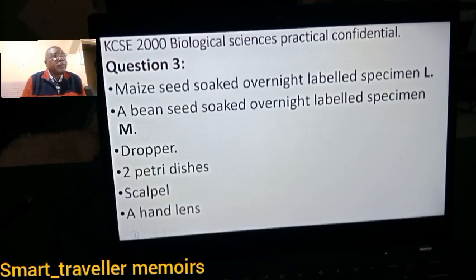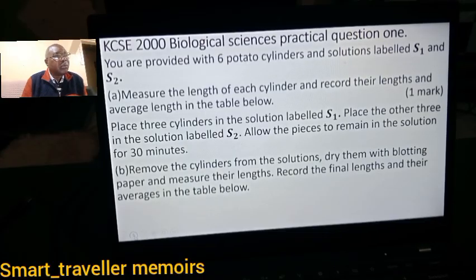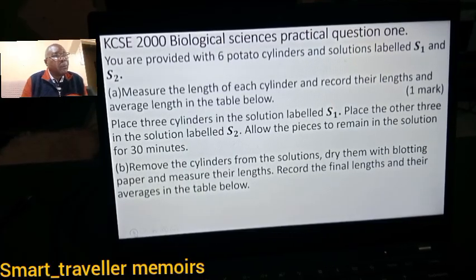Question 1. You are provided with 6 potato cylinders and solutions labeled S1 and S2. A. Measure the length of each cylinder and record their lengths and average length in the table below. Place 3 cylinders in the solution labeled S1. Place the other 3 in the solution labeled S2.